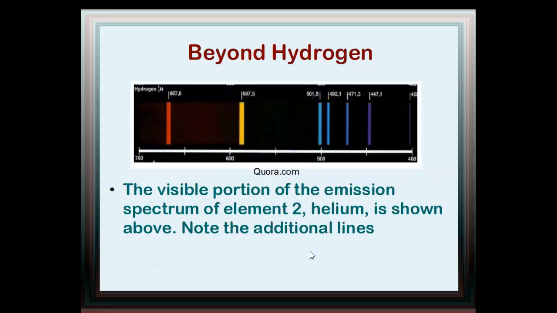Now, we can look beyond hydrogen just for a moment. The visible portion of the emission spectrum of element 2, helium, is shown above. You'll note the additional lines.